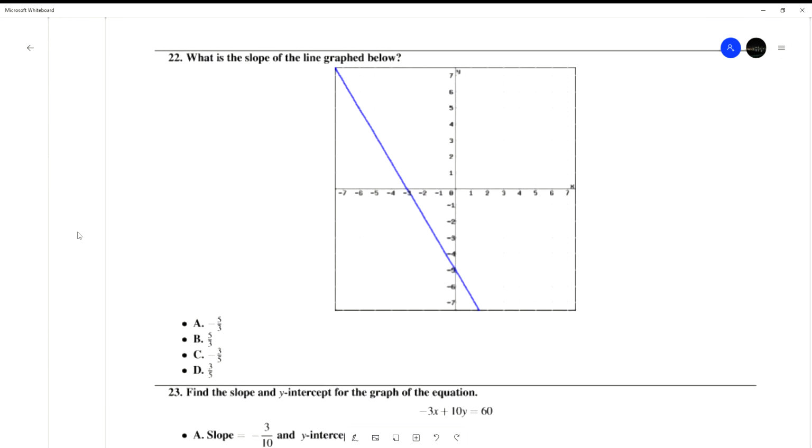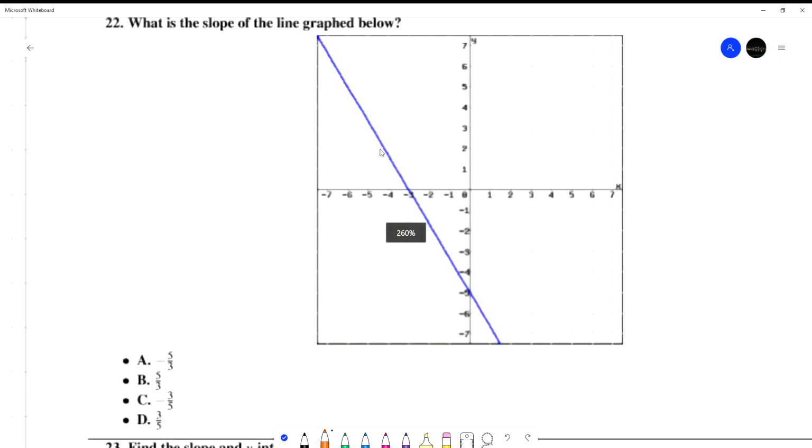All right, what is the slope of the line graphed below? If you remember this, that's great. Let me zoom in a little bit so you can see the points. I said start off with one of the obvious points, negative 3, 0, and follow the line down until you come to your next obvious point, which is 0, negative 5.